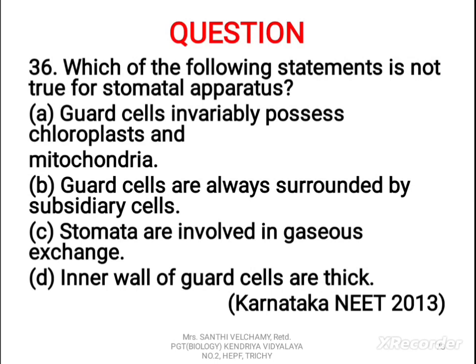D. Inner wall of guard cells is thick. Guard cells are not always surrounded by accessory cells or subsidiary cells. So the correct answer is B, because they are asking which statement is not true for the stomatal apparatus.